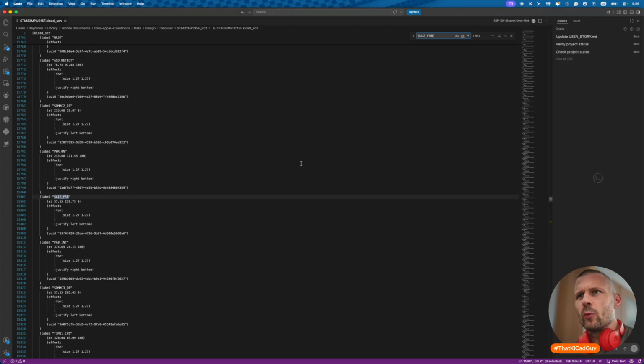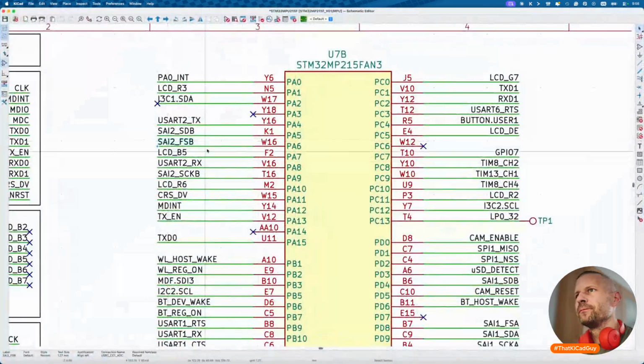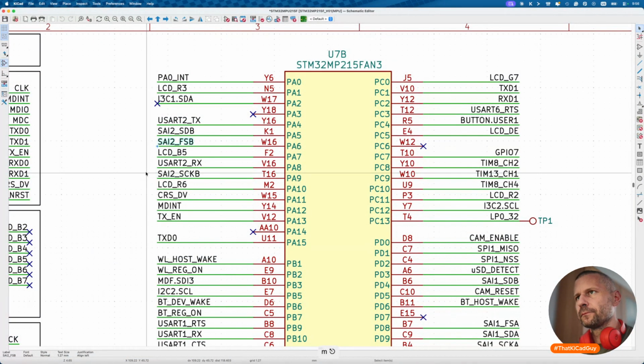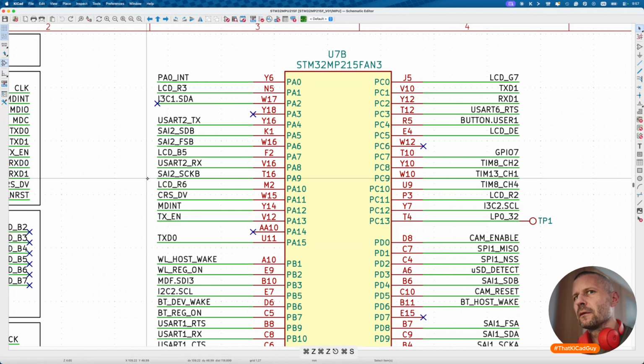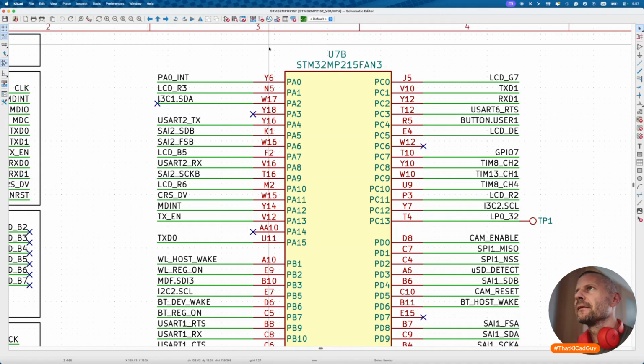But I know that both labels, this one and the false one, are connected to the same net. And it's electric rule check, isn't it?